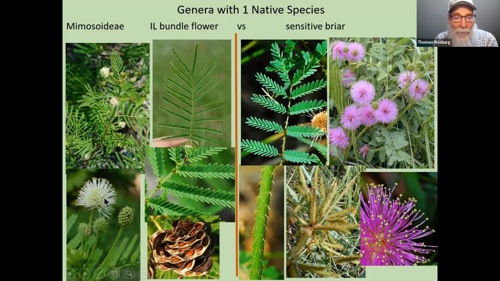The biggest thing you can see right here to separate the two, obviously, is that sensitive briar is very prickly, has lots of prickles on the stem, and has prickles on the fruits too, whereas there are no prickles anywhere on Desmanthus illinoisensis.